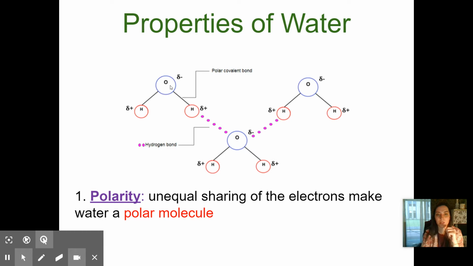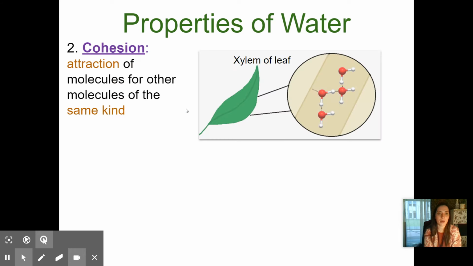So since it's holding on to more of those electrons that they're sharing together, oxygen is partially negative, and now we have hydrogen, which are partially positive because they don't have such a grasp on those electrons that they're sharing. Okay, so this is a polar covalent bond because most of the electrons, even though it's a covalent bond and they're sharing those electrons, most of the electrons are being pulled a little bit closer to oxygen than they are to hydrogen. Okay.